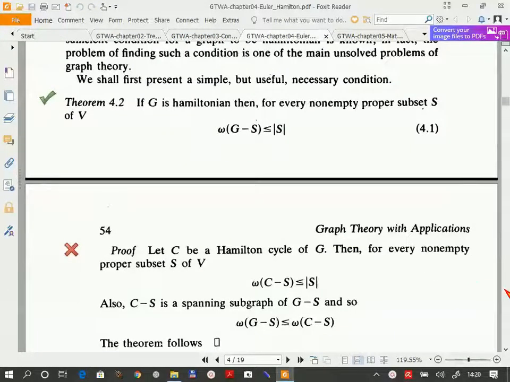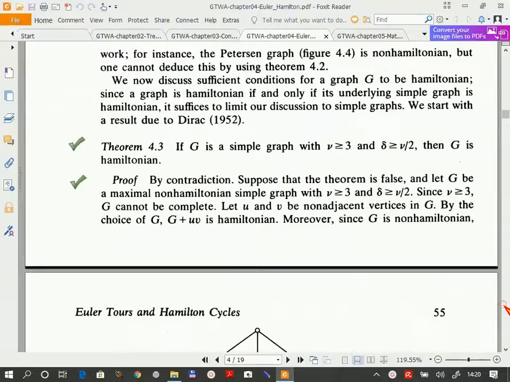And on the one hand, this is if G is Hamiltonian, then something. Next, we have if something happens, then the graph is Hamiltonian. And what is this? It is that you have a simple graph with at least 3 vertices, and small delta is greater than or equal to n divided by 2. Okay, which goes along with our intuition that the more edges you have, the easier it is that the graph may be Hamiltonian.